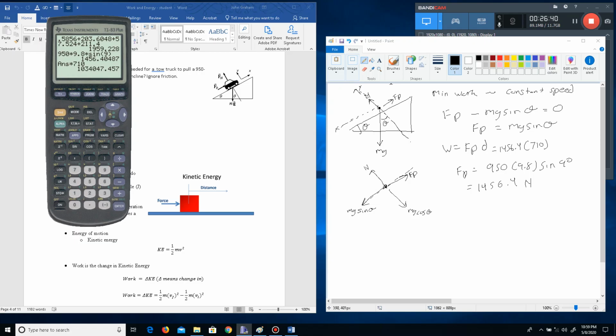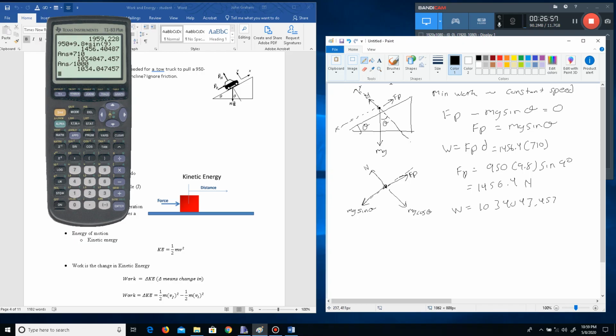So I'm going to write it down here. So work equals 1034047.457. And then if we divide this by 1,000, we can get kilojoules, which is another common thing to put units in.